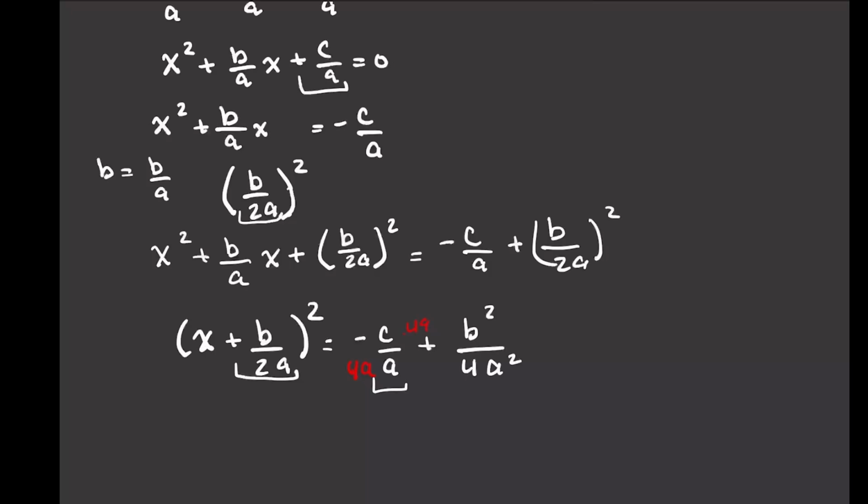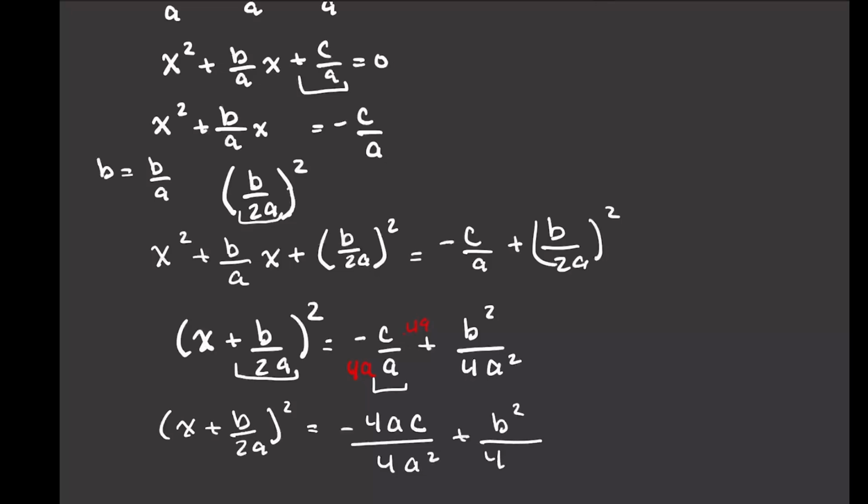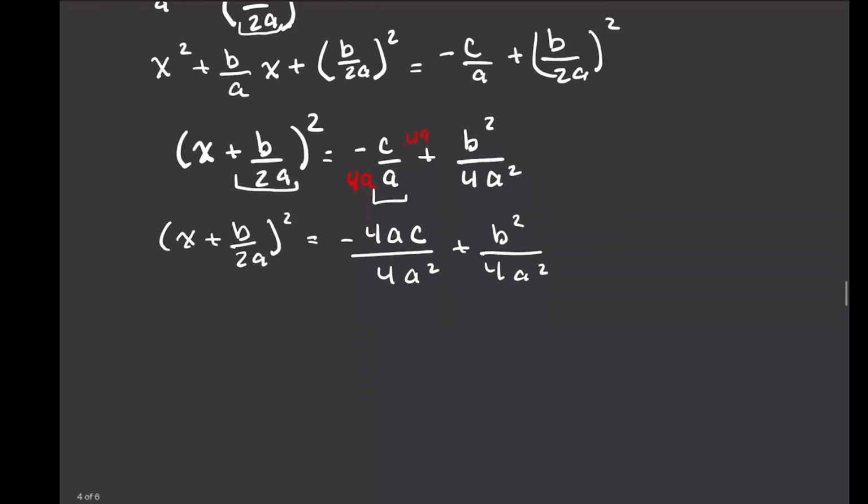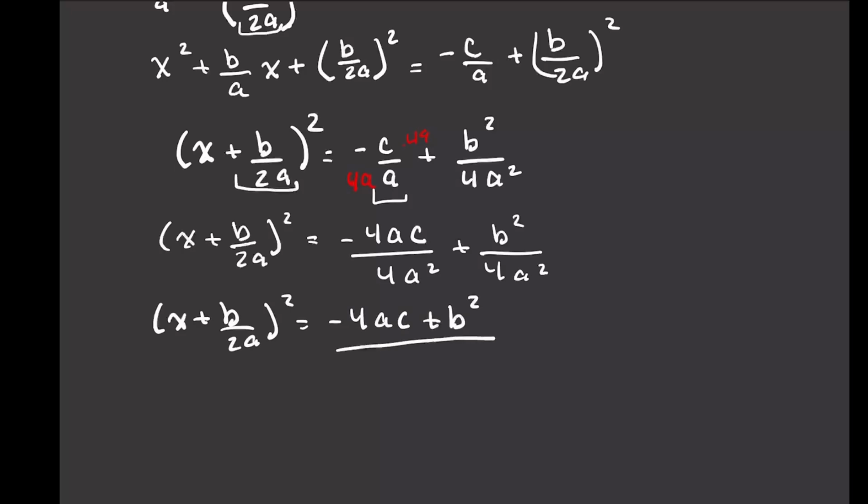Multiplying that by 4a would give me x plus b over 2a squared is equal to negative 4a times c all over 4a squared plus b squared over 4a squared. Now, since I have the same denominators, I can add them together. Squared is equal to negative 4ac plus b squared all over 4a squared.